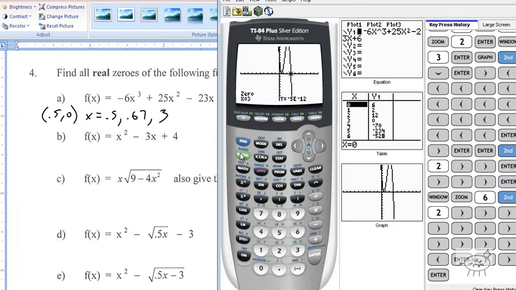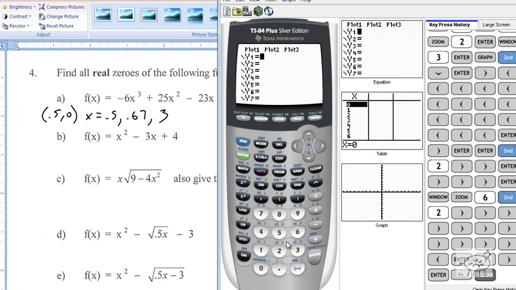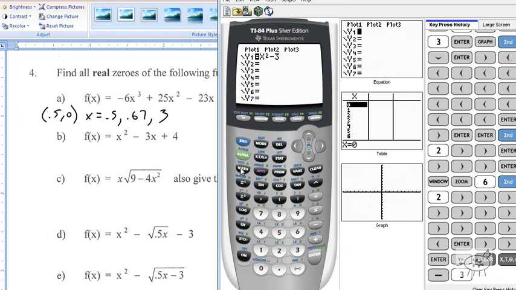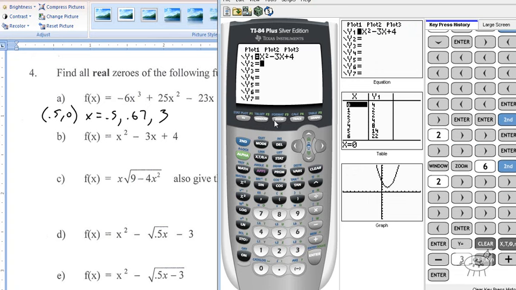Okay, let's try the next one here. We have x squared minus 3x plus 4. Okay, we're going to zoom standard. Very interesting. Well, we know this is a parabola, okay, and look what's happening. It's not crossing at all. In fact, just for the heck of it, this is what it shows.